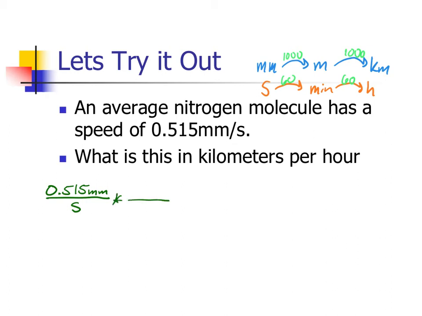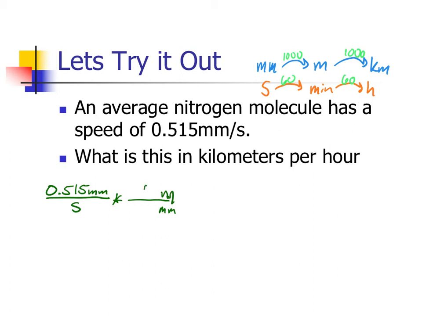Now, do I convert the time first or the distance first? It doesn't matter which one you do first. Some people get hung up on the fact that which one you do first matters. It actually doesn't. I just like to do the distance first. That's my personal preference. That doesn't mean that you have to do it that way. It's just do what you need to do.